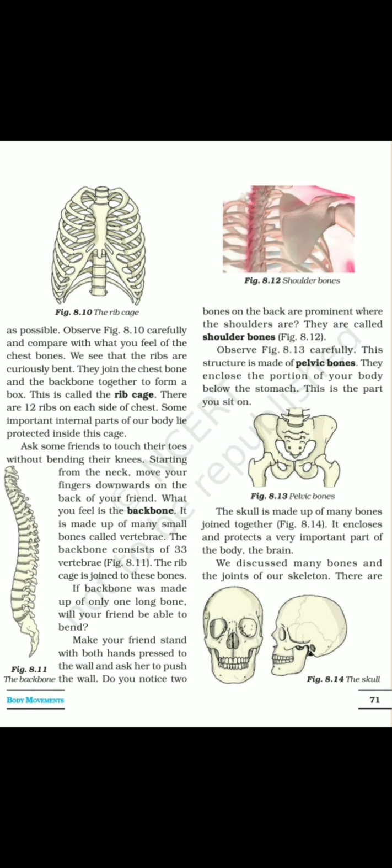One end of all the ribs is joined to the backbone, and their other end is joined to the breastbone. But in structure of rib cage, you are observing some bones at the starting are joined to the breastbone, but some are not exactly joining the breastbone.